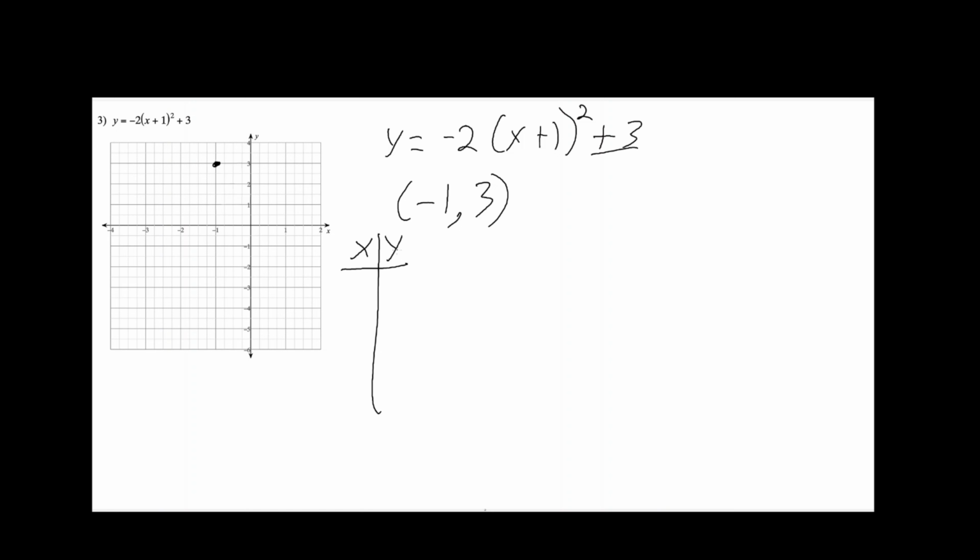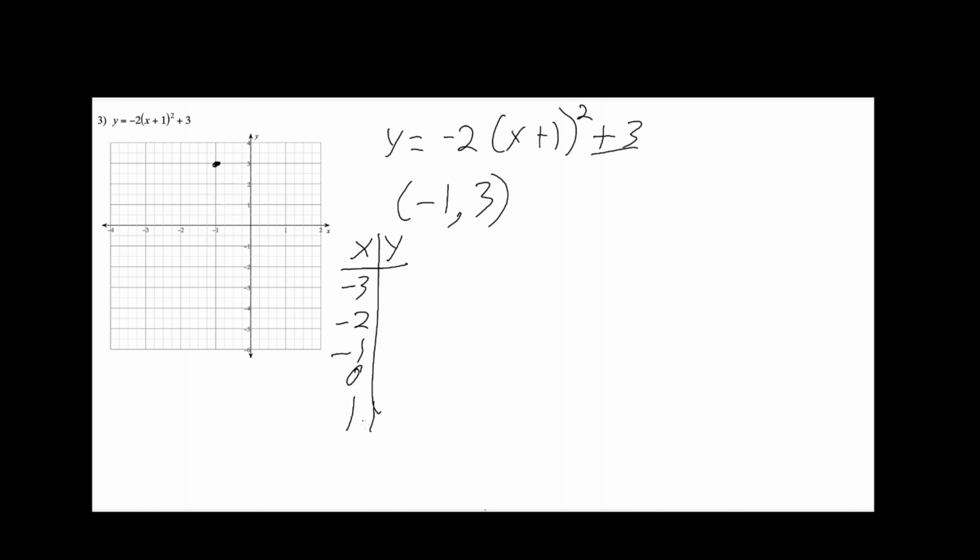And then I just set up my XY chart here. So I'll choose -3, -2, -1, 0, and +1. So let's take +1 and plug it in here. We get y is equal to -2 times 1 plus 1 squared plus 3.